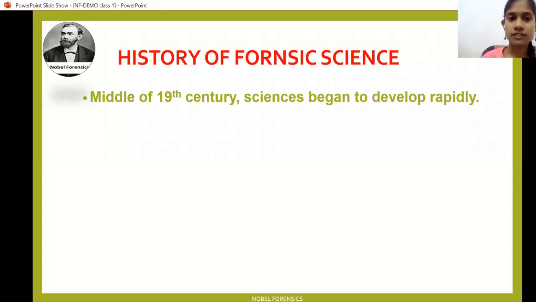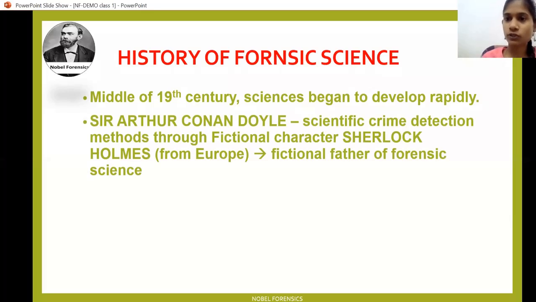Then the very first incident in the history of forensic science: in the middle of the 19th century, science began to develop rapidly.